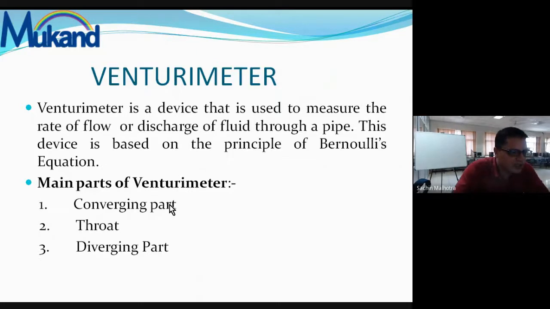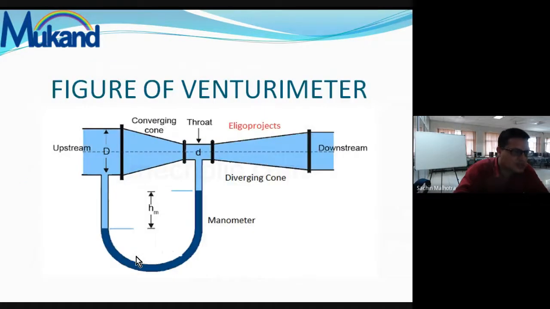The main parts of a venturimeter: it has three main parts. First is the converging part, second is the throat, and third is the diverging part. We can see it in the next figure. This is the figure for the venturimeter. This is a pipe having diameter D, cross-sectional area A. Now this is the venturimeter consisting of three parts.